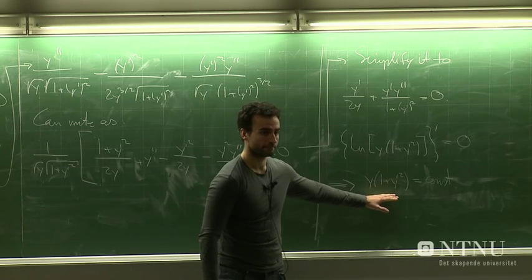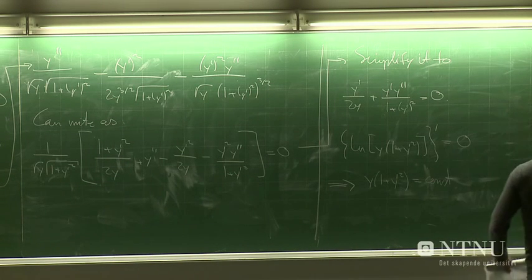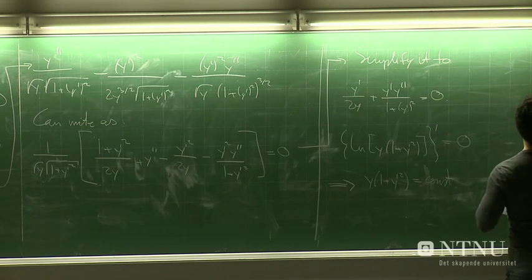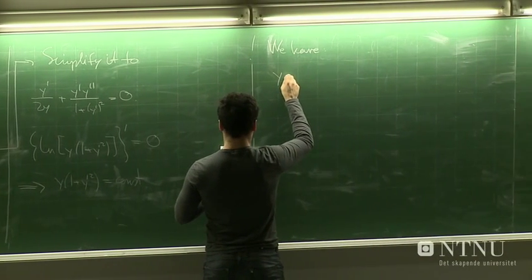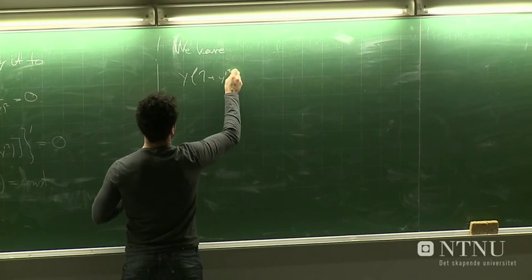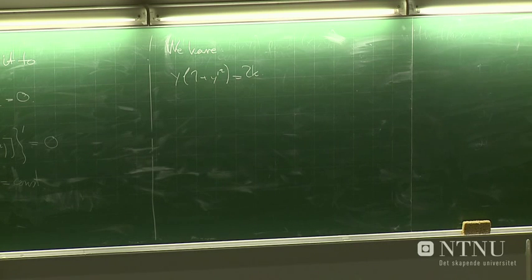And that's a whole lot simpler. Now, it's convenient to name this constant 2k.